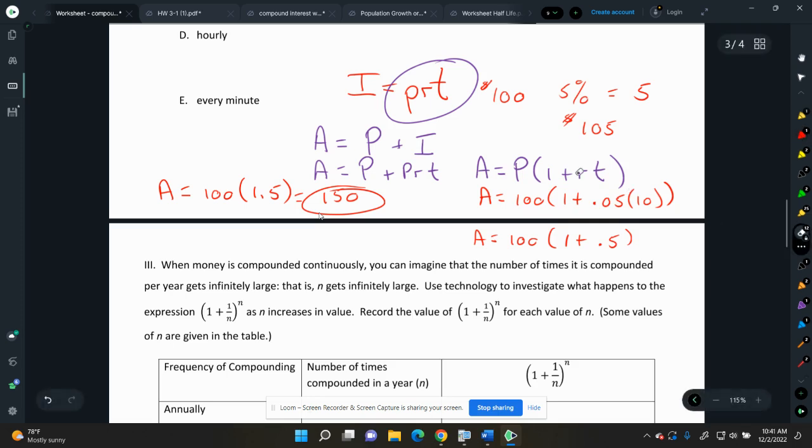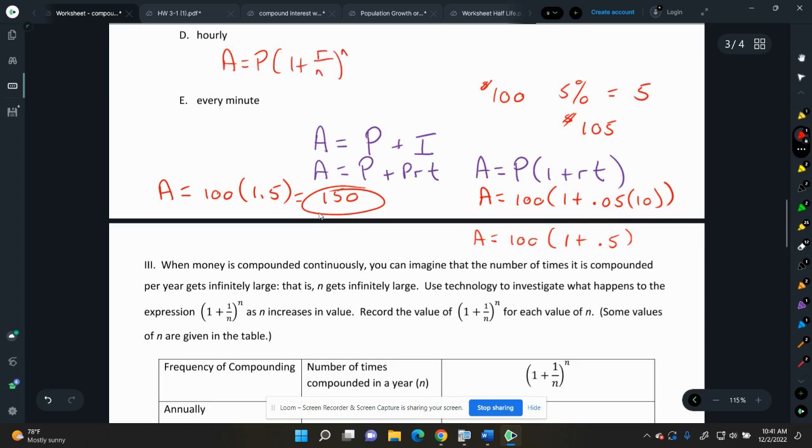How does that compare to our compound interest formula? A equals P times 1 plus R over N to the NT. The formula looks very similar, doesn't it? So how does it compare to the compound interest? I've got $100, 5%, and we're going to say we're compounding it annually.